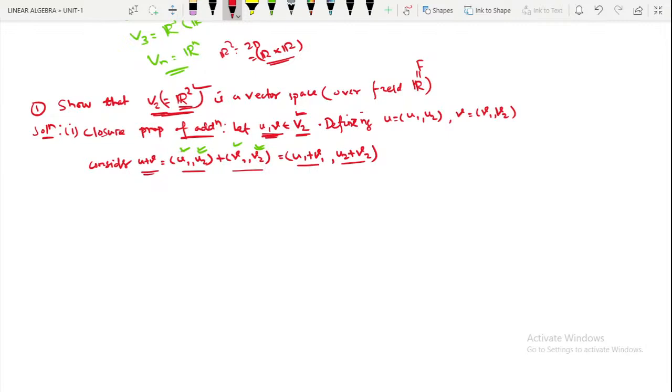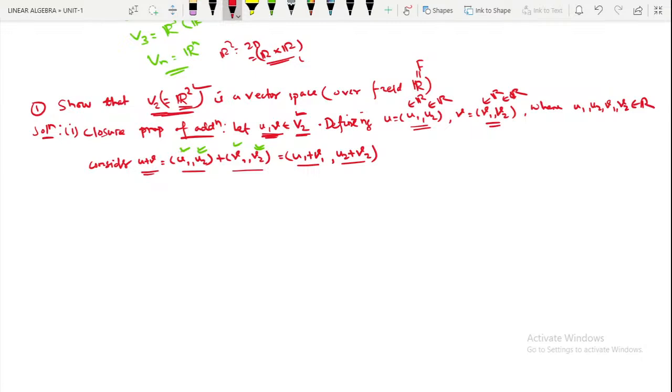Since V2 is R2, u1, u2, v1, v2 all belong to R.